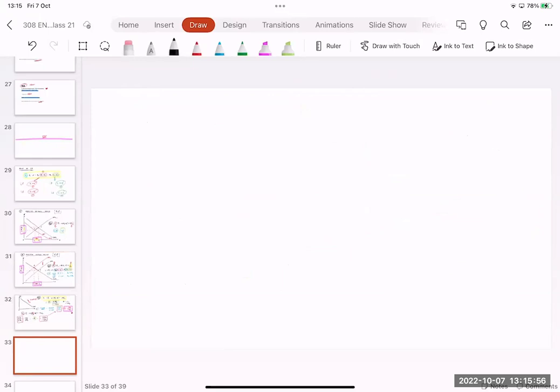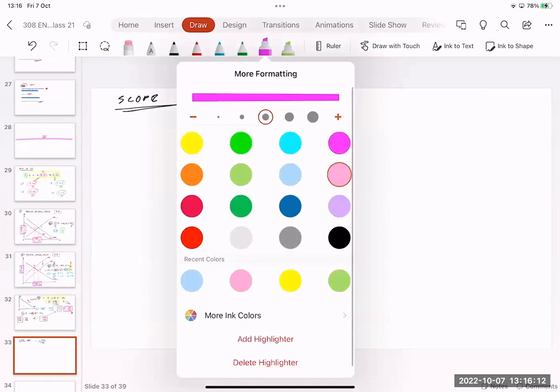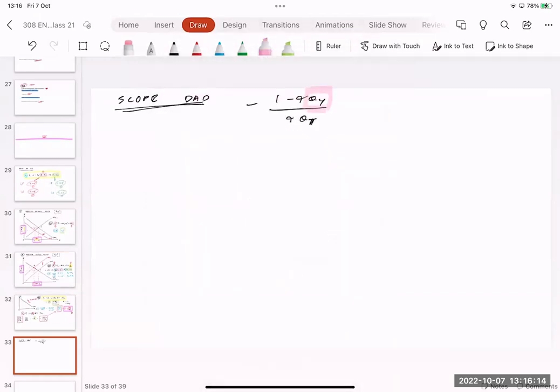How? I'm going to show it here. The slope of the DAD equals minus (1 minus alpha theta y) over alpha theta pi. As you can see, you have theta y here and theta pi here.